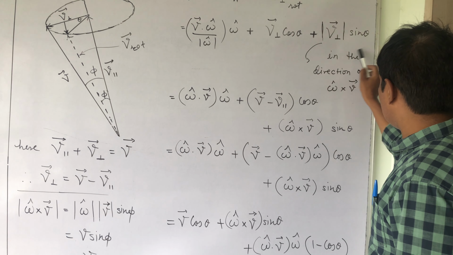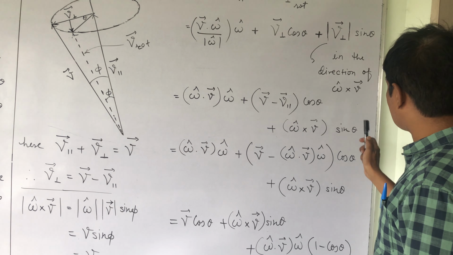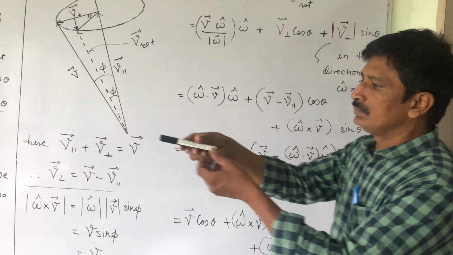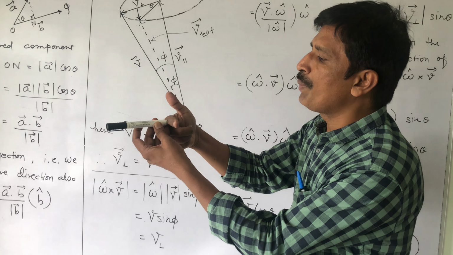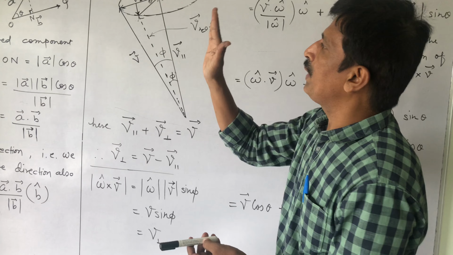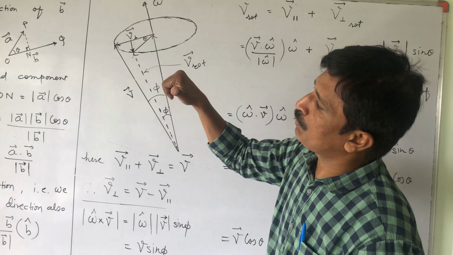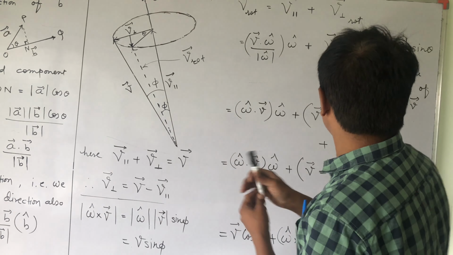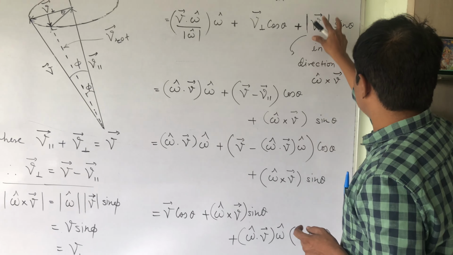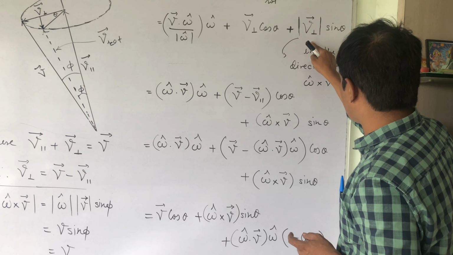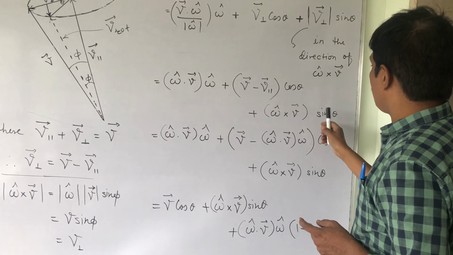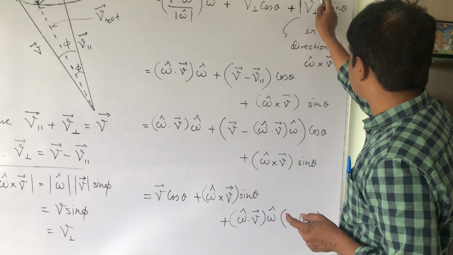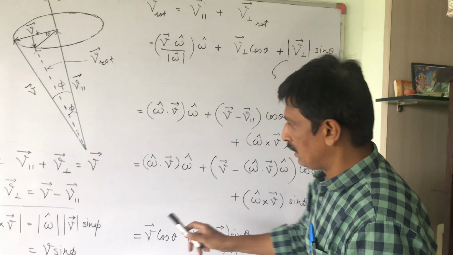This is magnitude only; we require direction also. After rotation, this is the direction of omega cap cross V. So we replace V perpendicular by omega cap cross V into sin theta. But the magnitude must be exactly the same. See here.